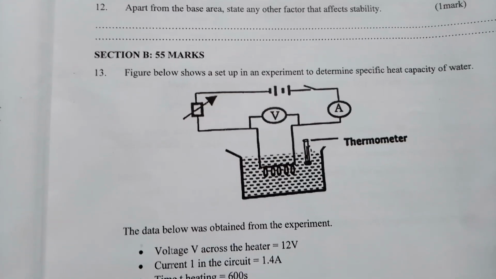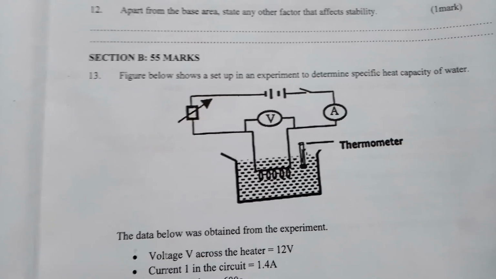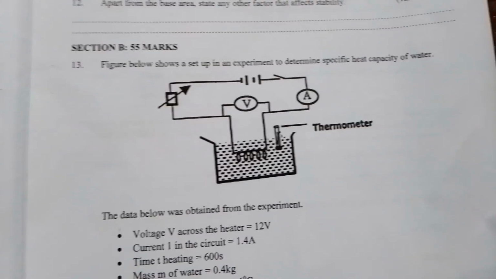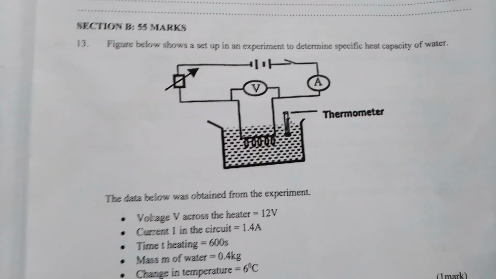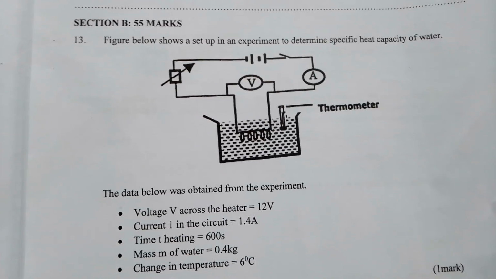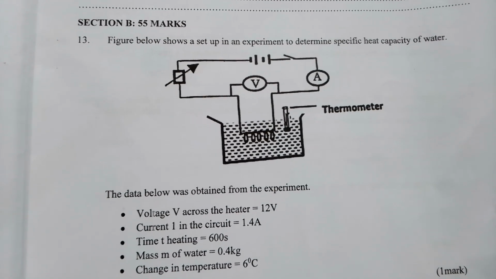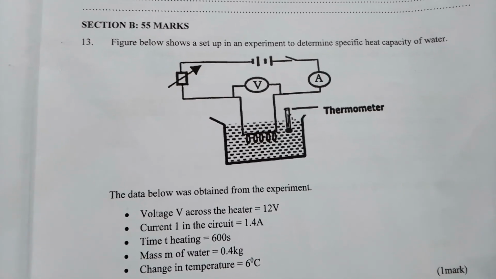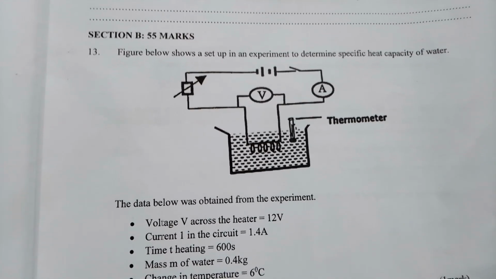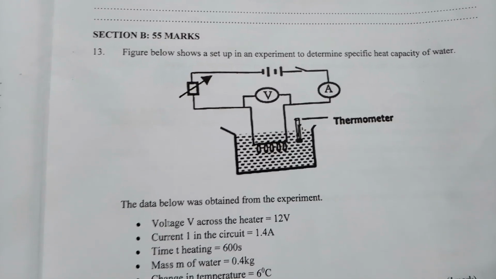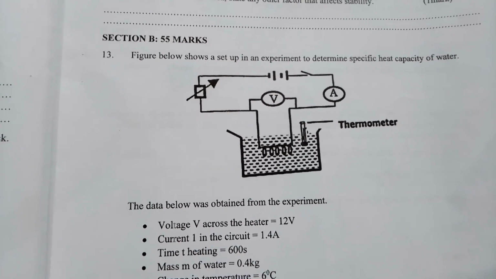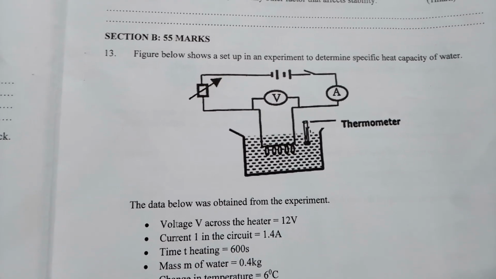Question 13. The figure below shows a setup of an experiment to determine the specific heat capacity of water. That is the diagram. As you can see, the way it has been connected, it has a thermometer, a voltmeter, an ammeter, a switch, a rheostat, and some connecting wires.